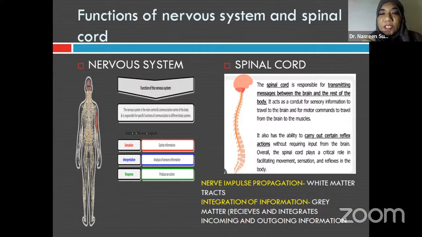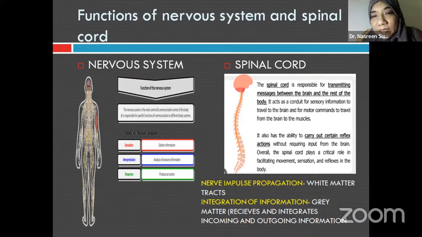Sensation means it is gathering some information, which is called a stimulus. Now after receiving some information, it will interpret, meaning what kind of response should be given will be interpreted in the brain. Then response. Now after interpretation, it is going to give some action, that is response. So these are the three main functions of your nervous system.